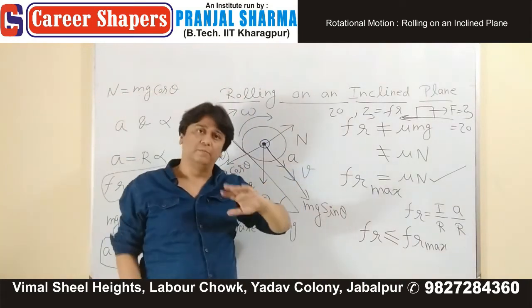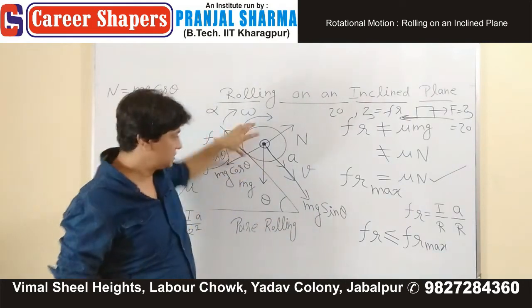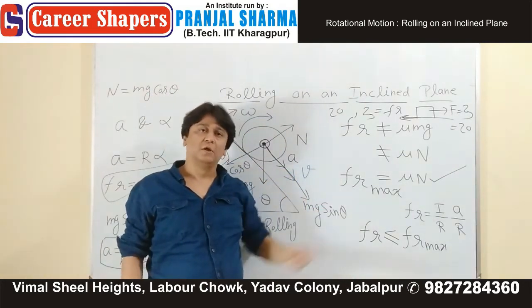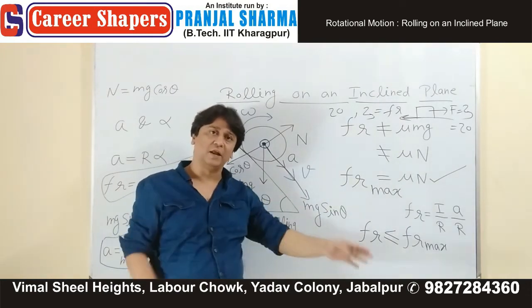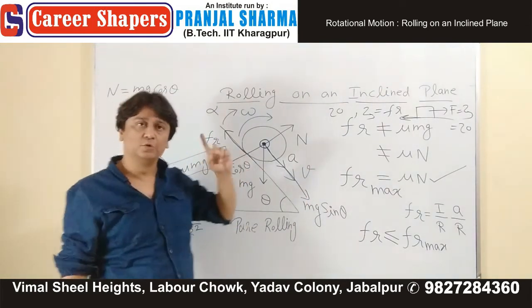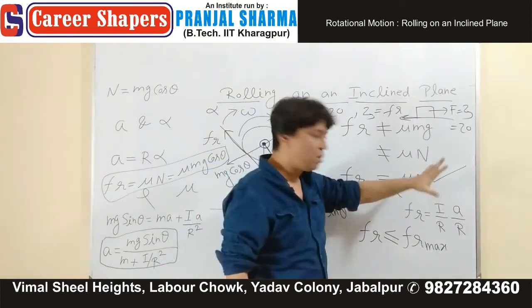Well, in detail, go and see that lecture of friction. If it's already slipping, then we use what? Kinetic friction. If they have given us mu s and mu k separately, if this contact point slips, we'll use mu k. We'll be using mu k into normal reaction.